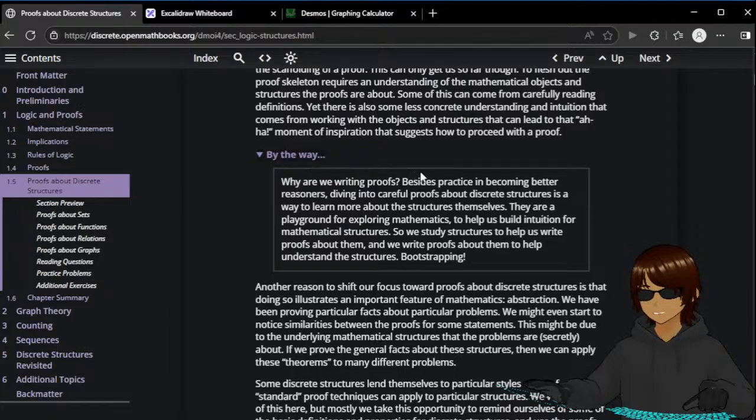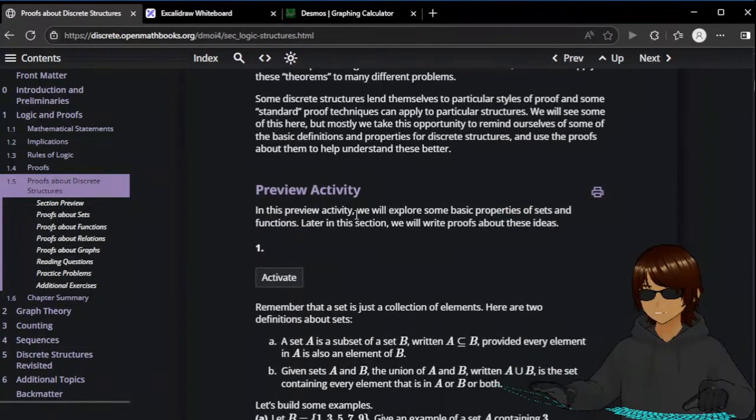By rewriting proofs, besides practice in becoming better reasoners, diving into careful proofs about discrete structures is the best way to learn about structures themselves. Okay, let's just go to the activity.